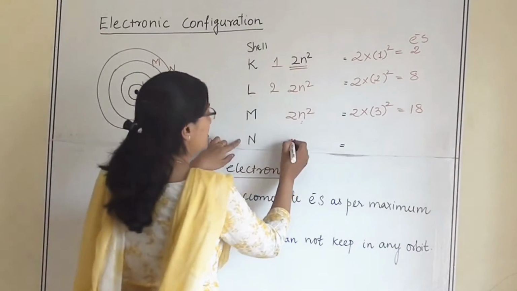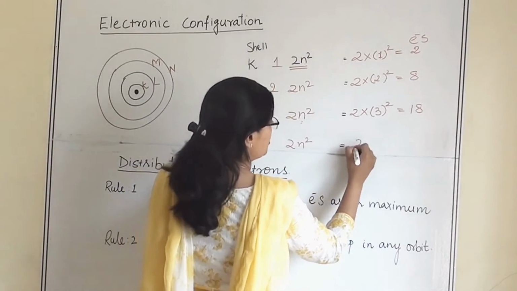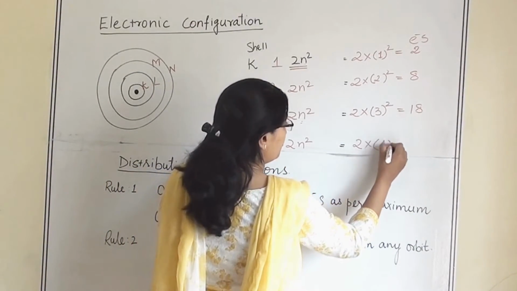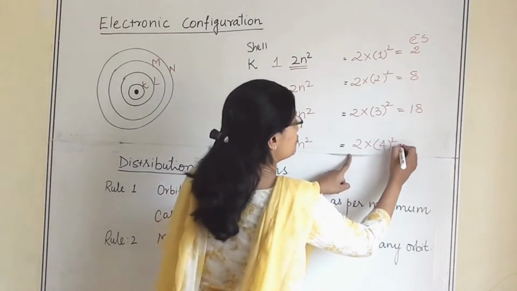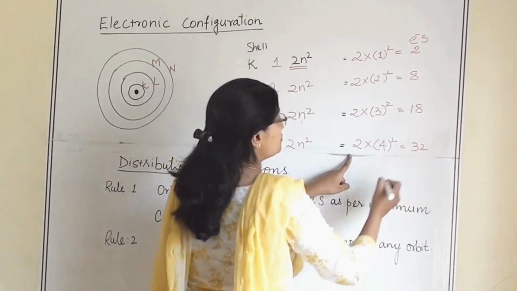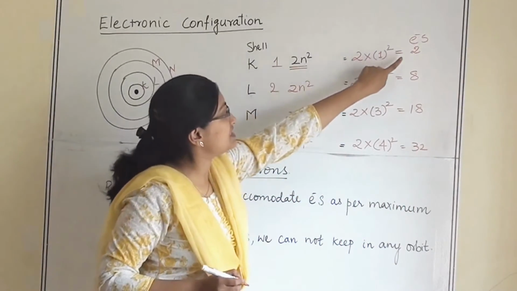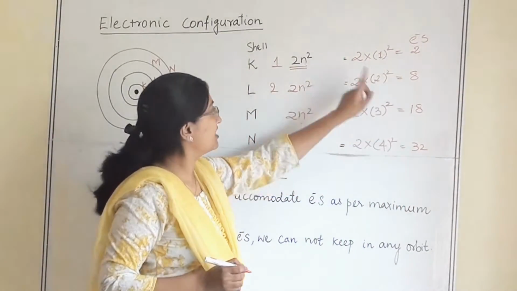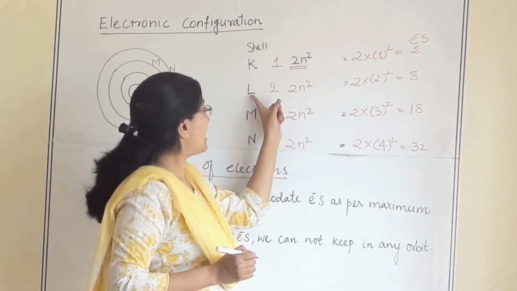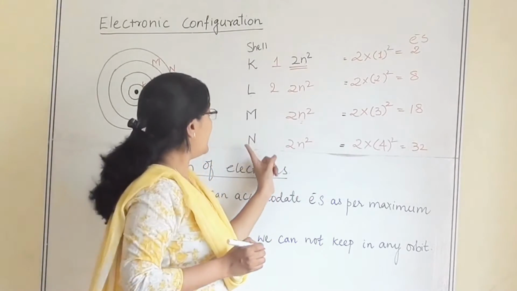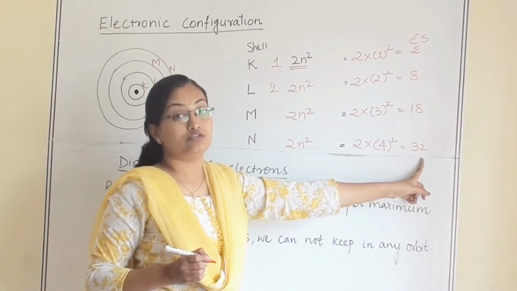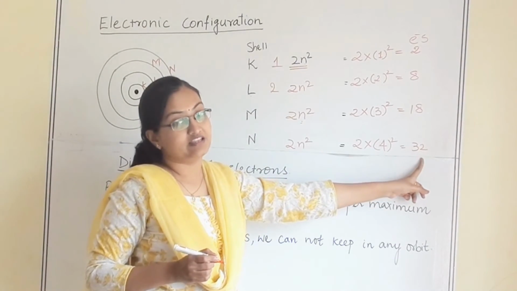N is our fourth orbit, so it will be 2 into 4 squared, which is 16 into 2, 32. So these are the maximum capacities of each orbit. K can accommodate 2, L can accommodate 8, M can accommodate 18 and N can accommodate 32 electrons in their orbits.